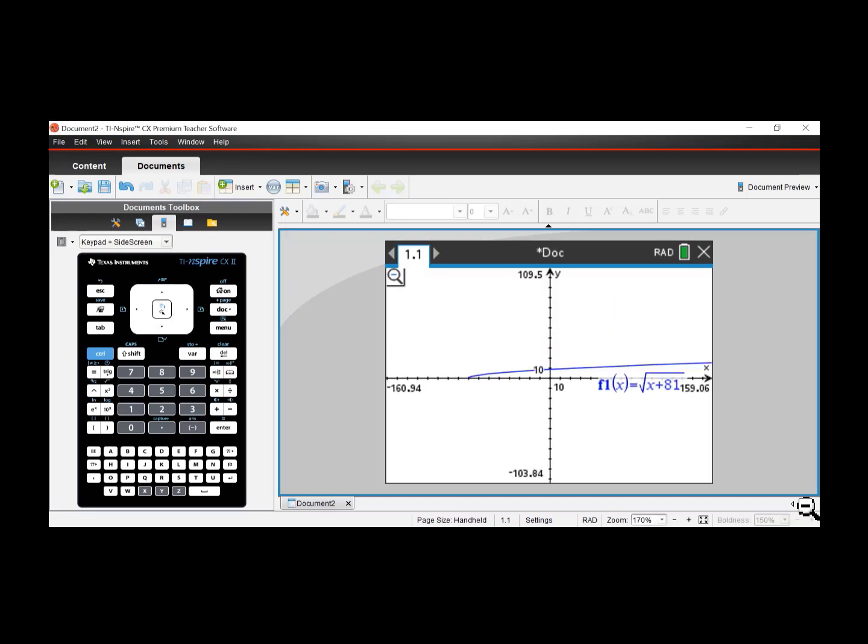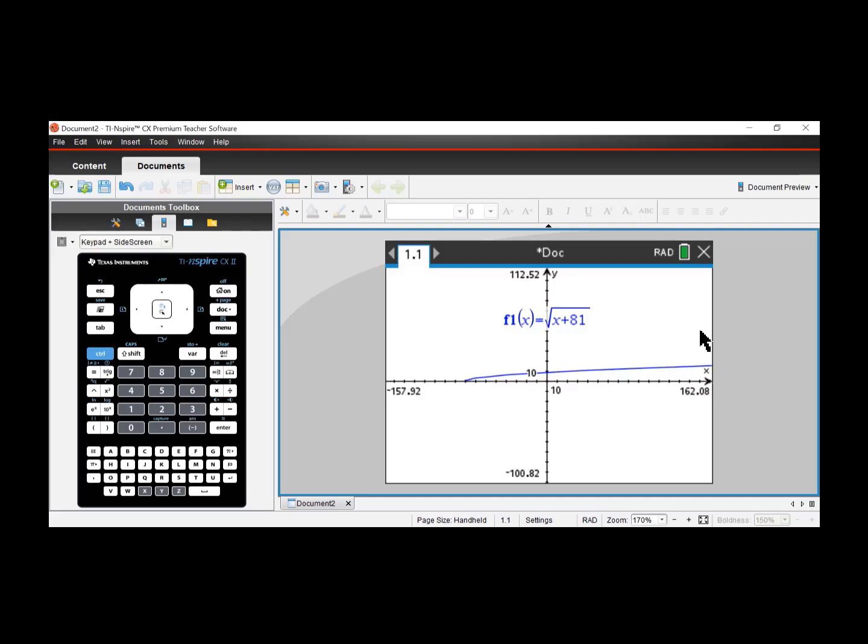I'm still not seeing a... Oh, look at that. It's not a parabola. It's half a parabola. Okay, so do you see this half of a parabola? That's why the x's are only greater than -81. Now, what about the range? Okay, now I'm going to make this a little lower. Let's make this -100. Tab around.